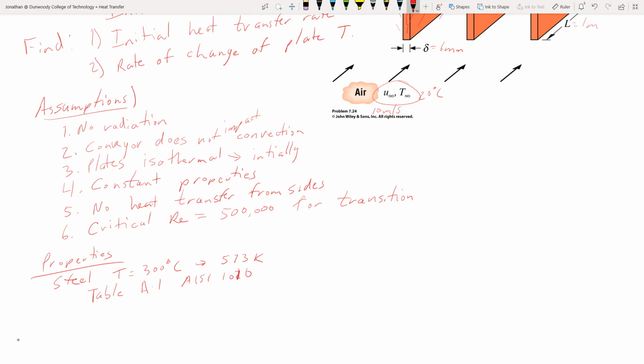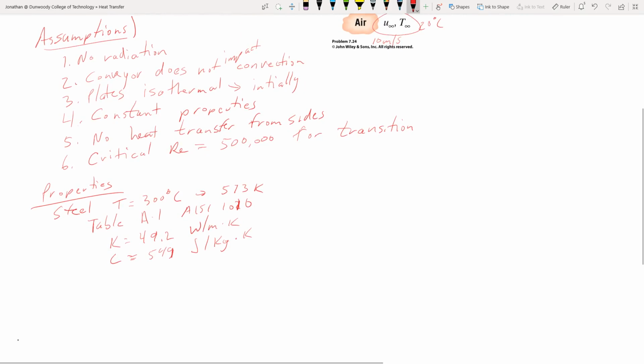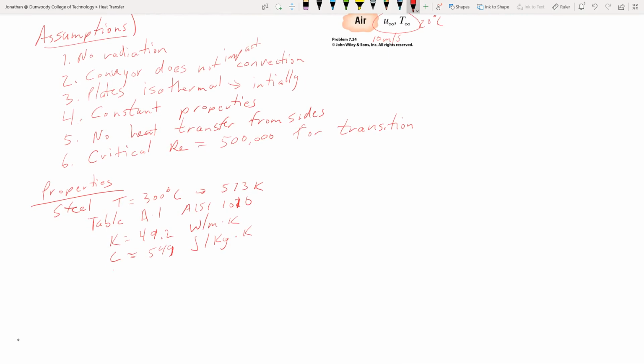We have k. When we do that interpolation, we get 49.2 watts per meter Kelvin. c, specific heat, is 549.9 joules per kilogram Kelvin. And last, for the steel rho is 7832 kilograms per meter cubed.